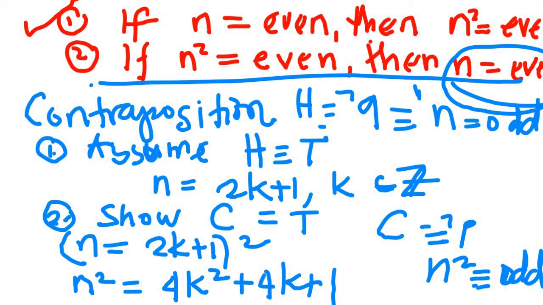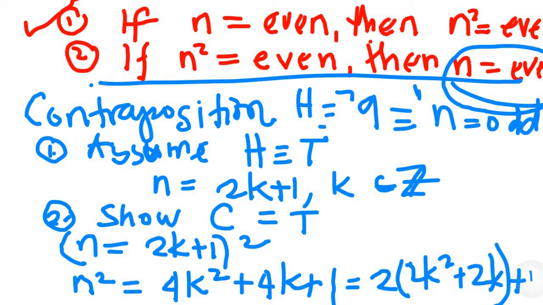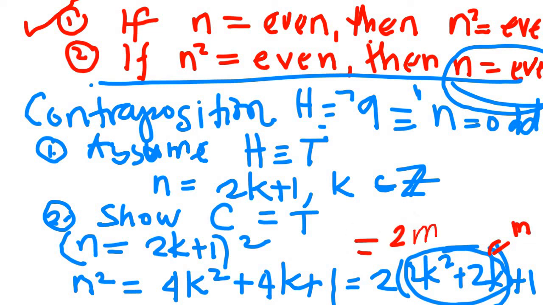And is this number even or odd? Well, we could factor out the 2. So this will become 2 times the quantity 2k squared plus 2k, plus 1. And if we let this whole thing be, say, number m, we will end up with twice m plus 1.